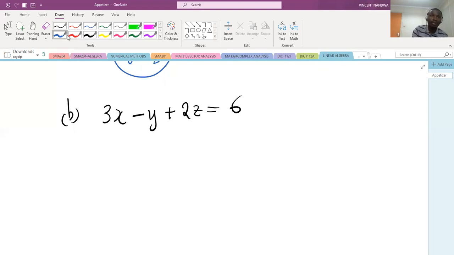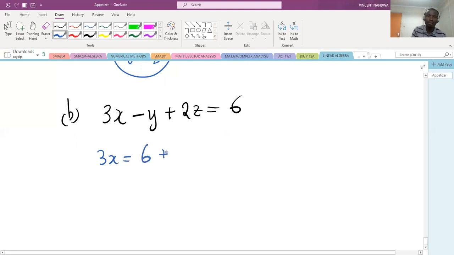So the first way, if I fix x, I'll have 3x equals 6 plus y minus 2z. So which means that x equals, you divide through by 3, so I'll have 2 plus a third y minus 2 over 3 z.